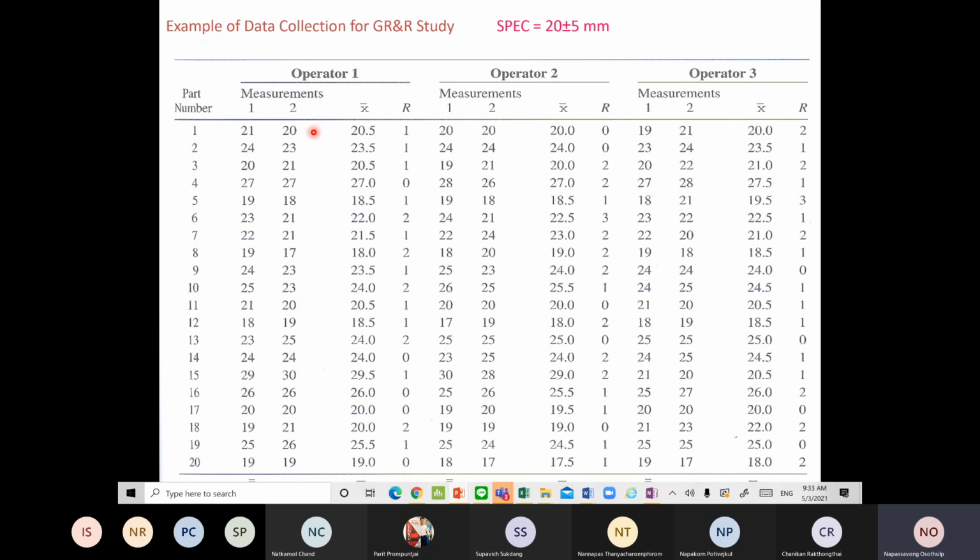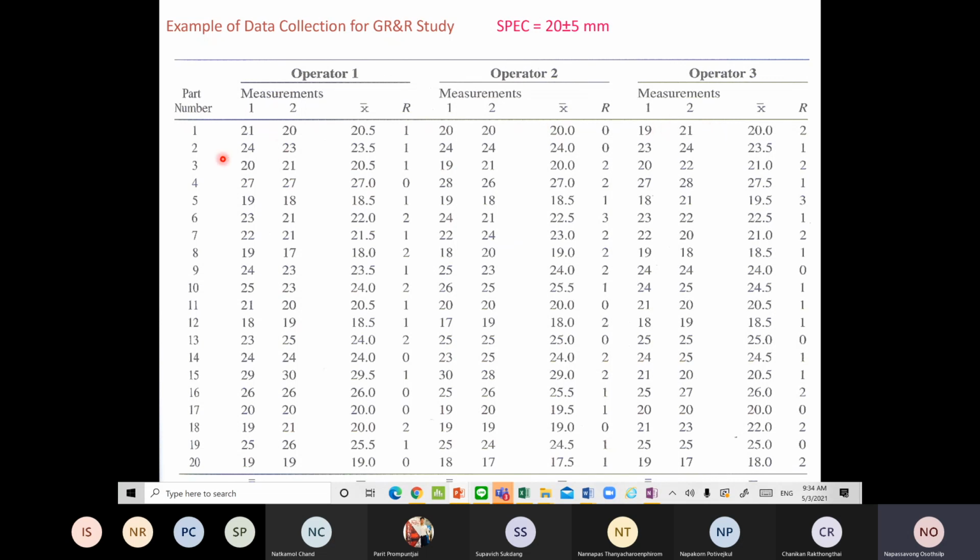It can be 3 times; I will talk about the sample size, or how many times we should do replication, later. In this case, the factory asks each operator to measure the same part 2 times, as you can see here.